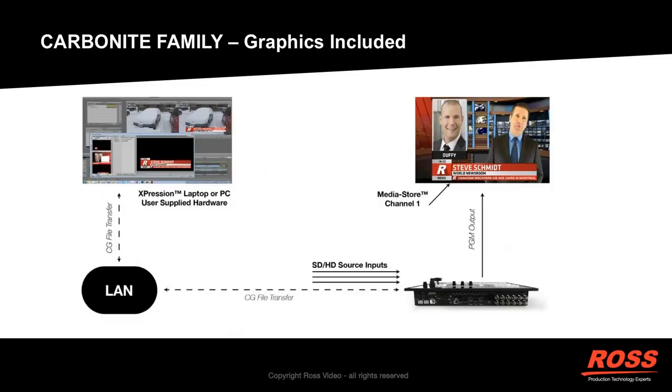The way it works is actually quite simple. The output is simply connected to the switcher via Ethernet, and then the graphics are rendered directly into the media stores of the production switcher for use in your production.